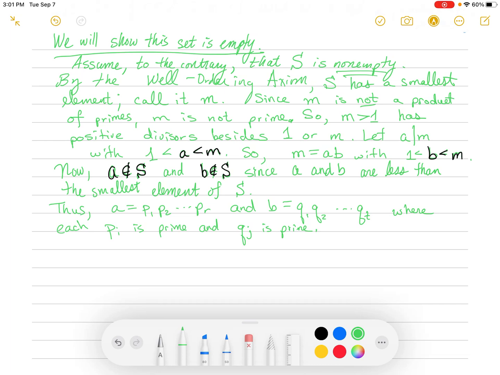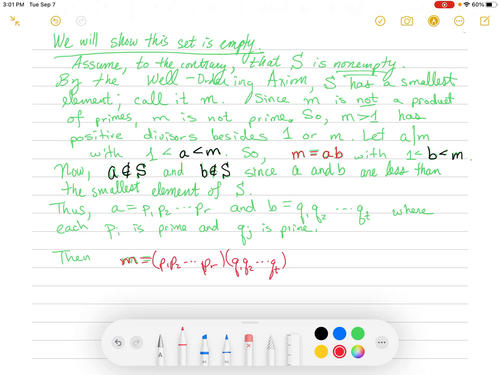Okay, so now I'm going to go back to this equation here. I'm going to put it in red. This equation, A times B. And look at that. I'm going to substitute my prime factorizations for my A and my B. So now, M is equal to, instead of writing AB, I'm going to write P1, P2 through PR, Q1, Q2 through QT.